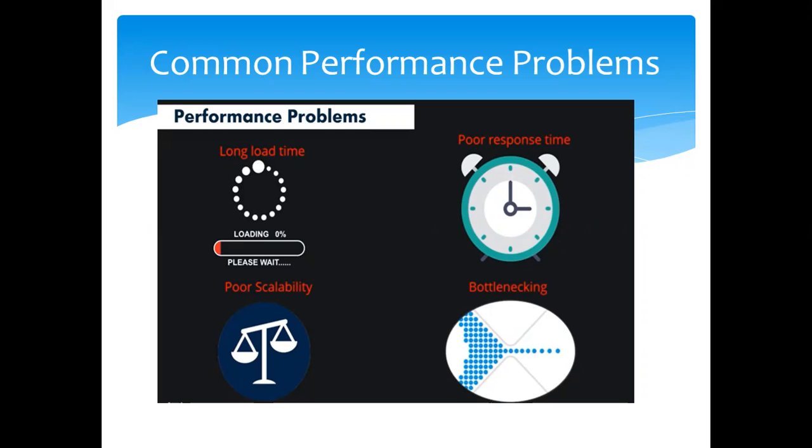Another one is scalability, when the application cannot handle the expected number of users, or does not accommodate a wide range of users. Next is bottleneck. What is a bottleneck? The bottleneck is a major obstruction we have in an application, which will degrade and affect the overall system or overall application performance.